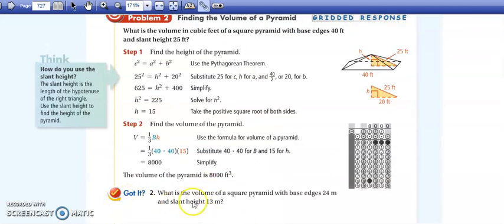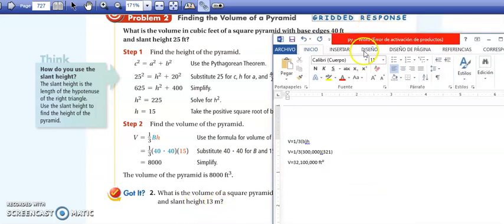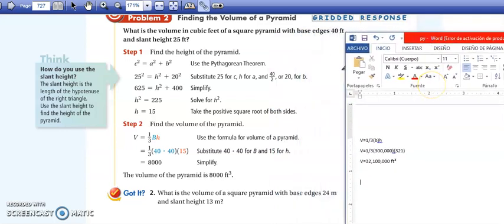Okay, the next exercise that I will solve is this one. It says, what is the volume of a square pyramid with a base edge of 24 meters and a slant height of 13 meters? Now, again, we will use the same formula because it's a pyramid. We already had the formula here. Now we have to find the base.